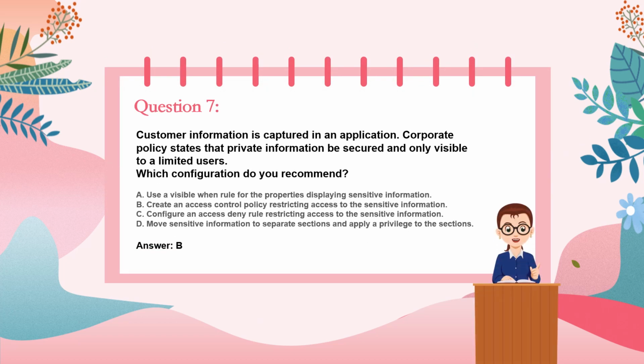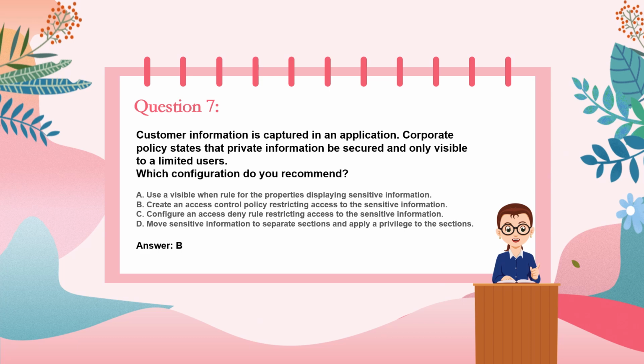Question 7. Customer information is captured in an application. Corporate policy states that private information be secured and only visible to a limited number of users. Which configuration do you recommend? A. Use a visible when rule for the properties displaying sensitive information.